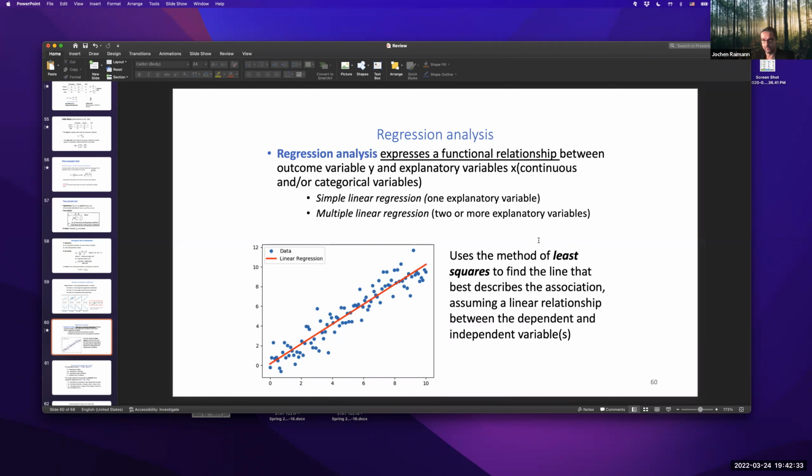For these linear predictors, the systematic component, a slope always indicates the change of the dependent variable y with a change of 1 on the independent variable on the x-axis. For example, with age on the x-axis and blood pressure, an increase of 1 year gives you a certain increase in blood pressure. This dynamic is very important to understand.